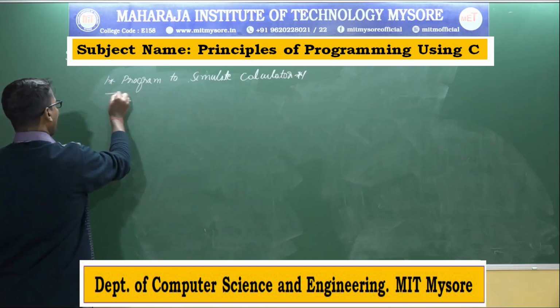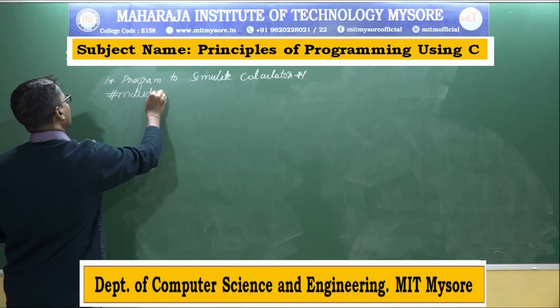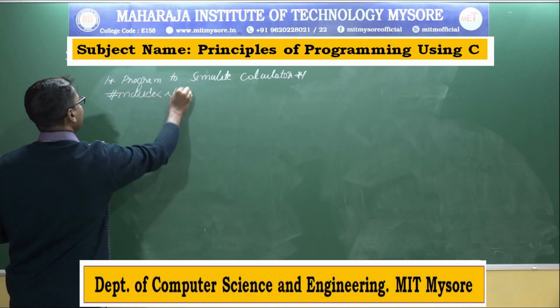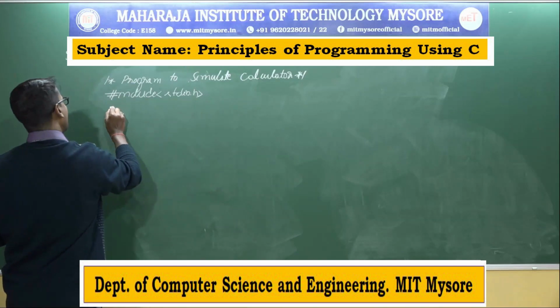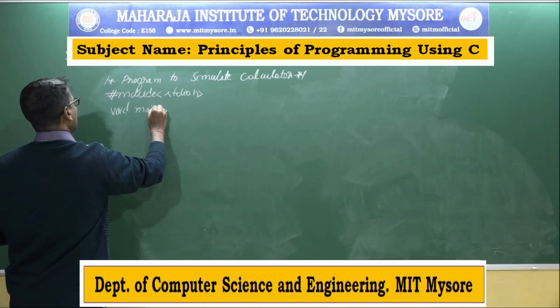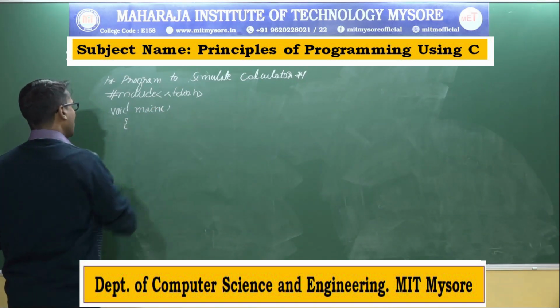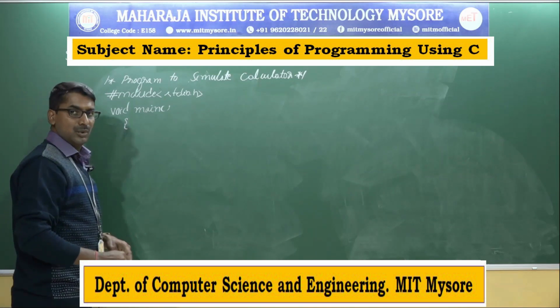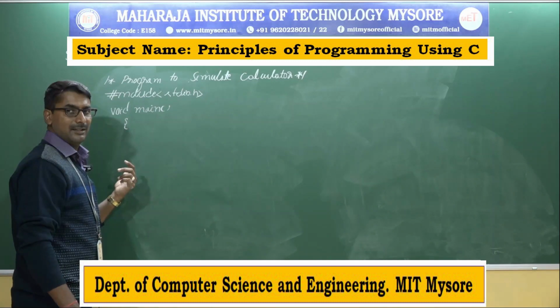So first we need to include the header file stdio.h. Next, void main. I already mentioned there are two input values A and B, and one result value. The result is the addition, subtraction, multiplication, division or modulus of the two numbers.